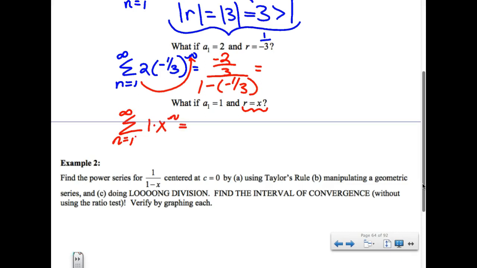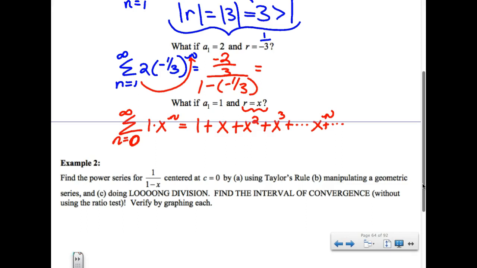And let's even start that at 0. And what I'm going to get with that one is 1 plus, and I'll multiply that by x, and then I'll multiply that by x, and then by x, and I'll continue. And what I get is x to the nth, and then I'll continue.